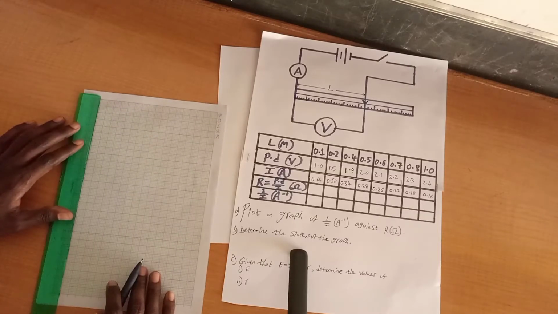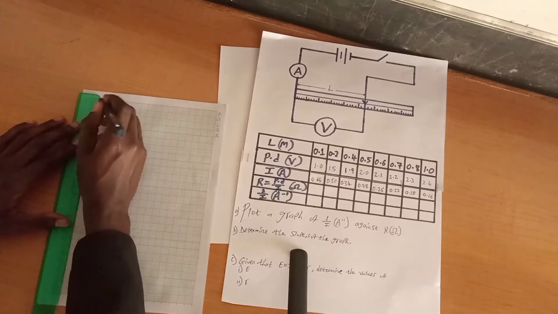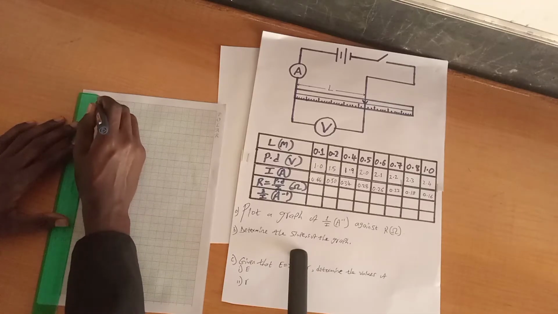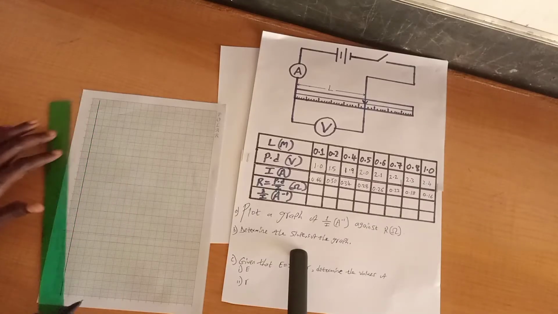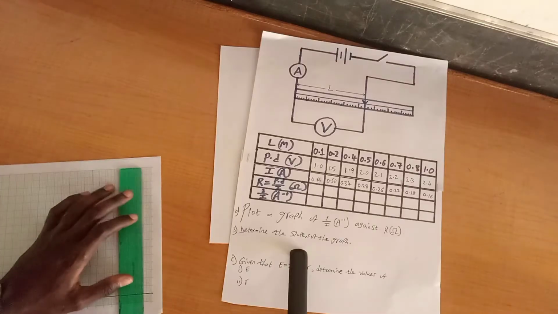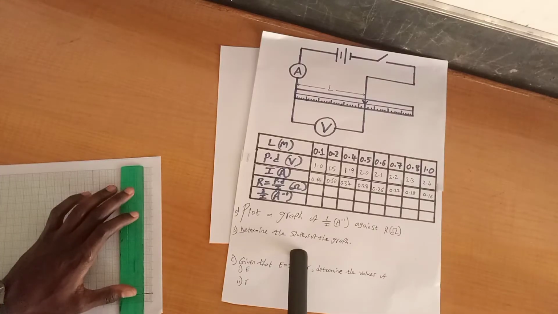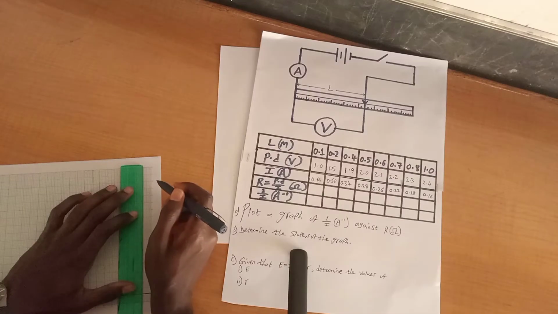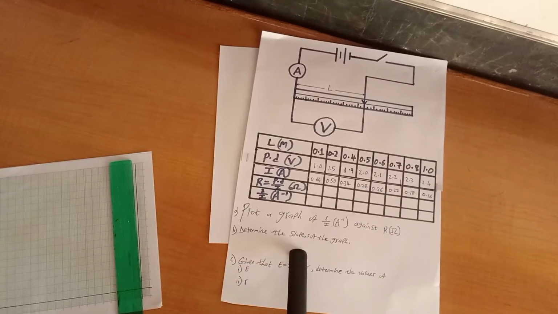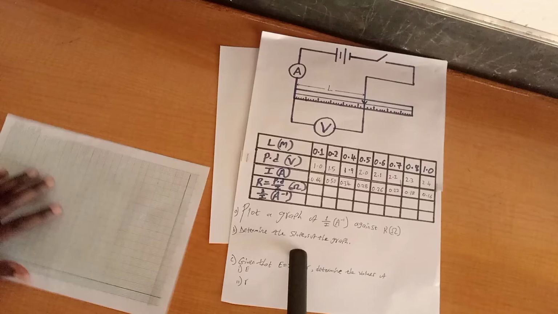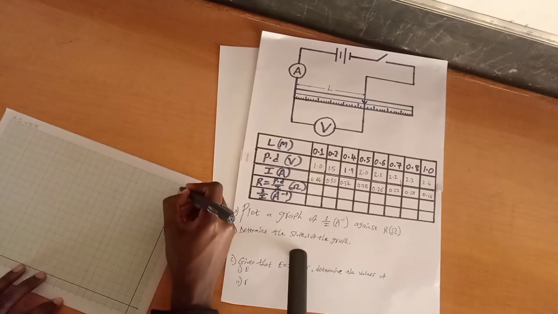We start by drawing the two axes. So viewers, we have the two axes now. Each one must have an arrow.